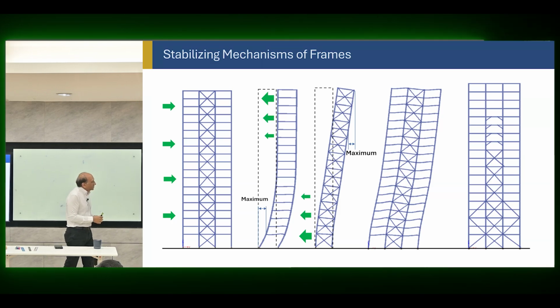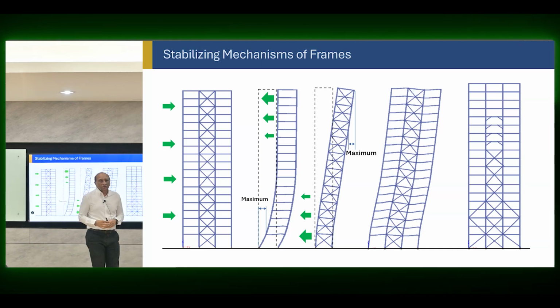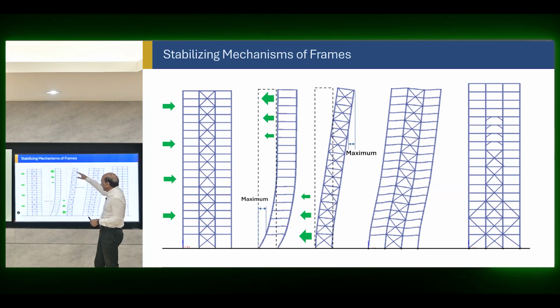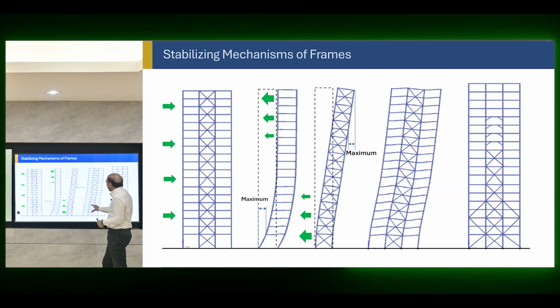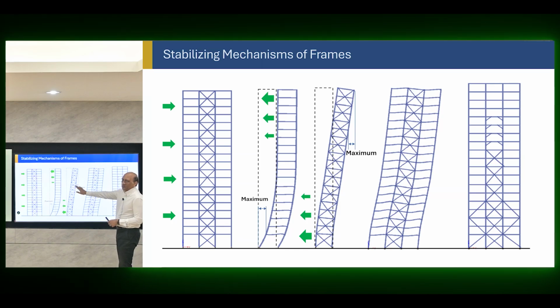So this is the basic difference between the two types of structural system that exist, and I will go into more detail step by step. One is the pure flexural system, and this one is an axial system or shear system. When we combine them together, the actual building deformation becomes like this. So now this is a combination of these two.